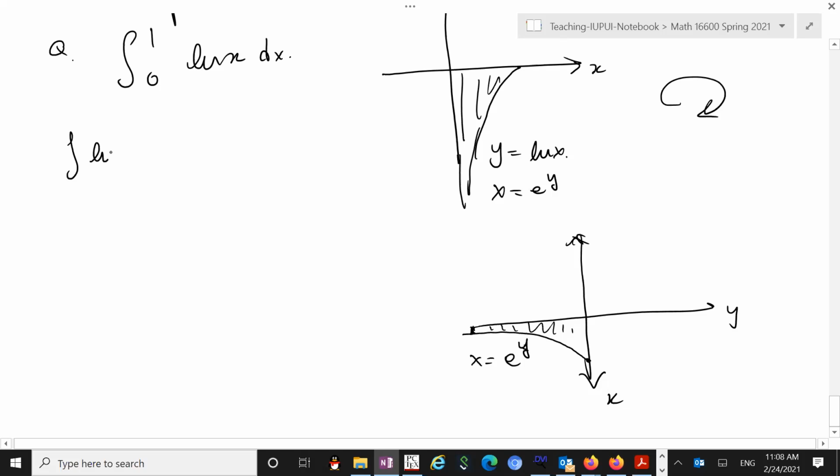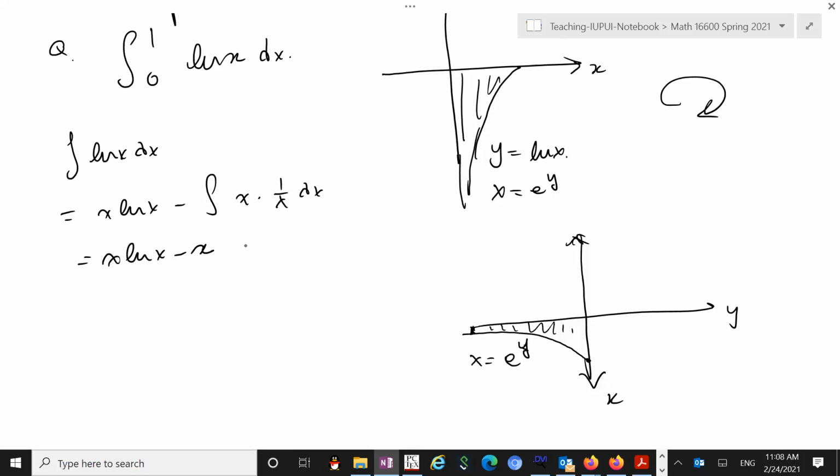Okay, so how can I do that? First of all, you find the antiderivative of this function. So this will be x natural log of x, minus the integral of x times 1 over x dx. So we find that first, okay? Quickly.